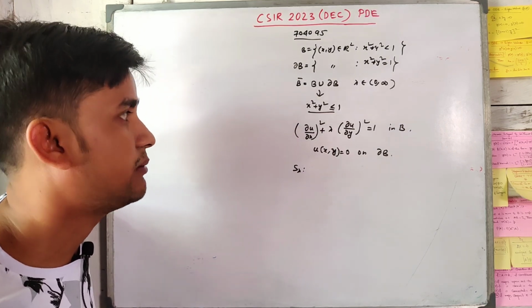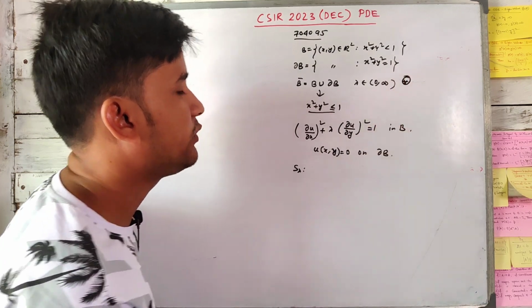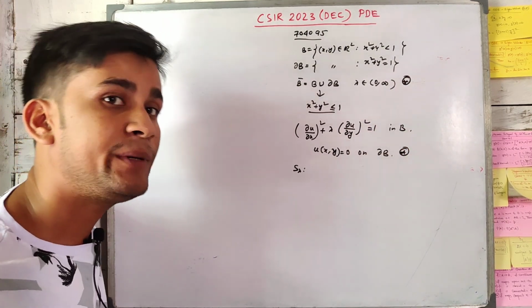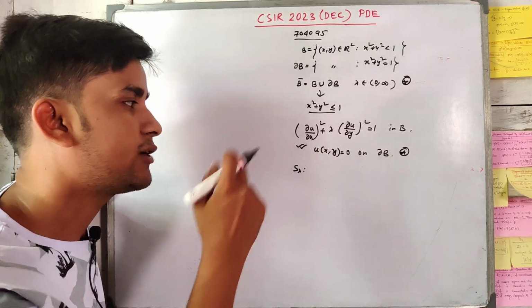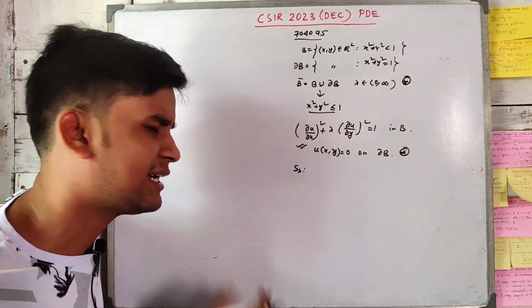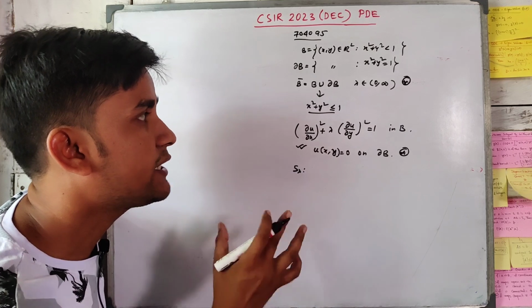How can we solve this problem? See, the important thing is this one: B bar equals B union delta B, and u_xy equals 0 on delta B. If we see this line, then you can go to a previous year problem, I think 2014 or 15, I don't remember exactly. So how can we take the solution?